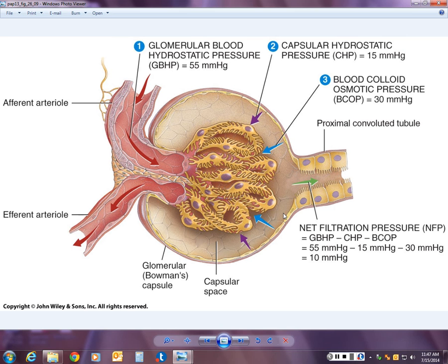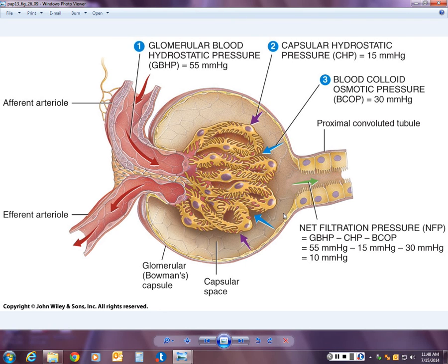Now, like I said, GFR can be measured in different ways. If we looked at it per day, we could say the average GFR is around 180 liters per day. If we look at it per minute, we could say the average GFR is around 125 milliliters per minute. Now, going back to what we just said, remember, filtration is determined basically by glomerular blood hydrostatic pressure. So if we expand that backwards, we could also say your GFR is determined by your glomerular blood hydrostatic pressure.